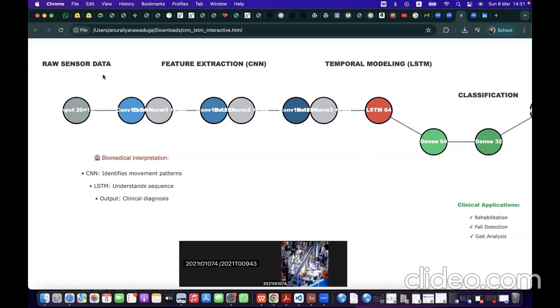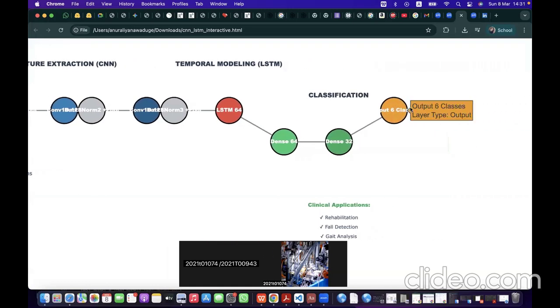You can see the sensor data going to feature extraction with the CNN, and temporal modeling with the LSTM 64. The input goes through convolution 1D, batch normalization 1, convolution 1D, batch normalization 2, convolution 1D, batch normalization 3. After that, LSTM 64, then dense 64, dense 32, and finally output with 6 classes.